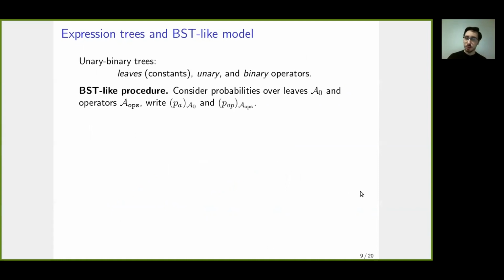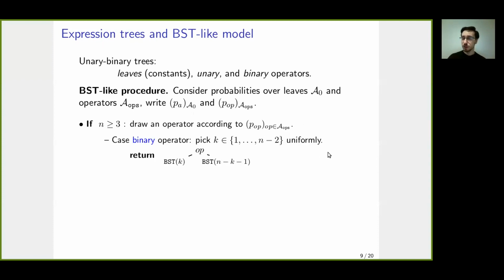And the BST-like procedure then depends on 2 vectors of probabilities, one over the leaves and one over the operators. So the procedure, as we saw before, is the following. If the target number of nodes is greater or equal than 3, then we must pick the root according to the vector of probability for the operators.